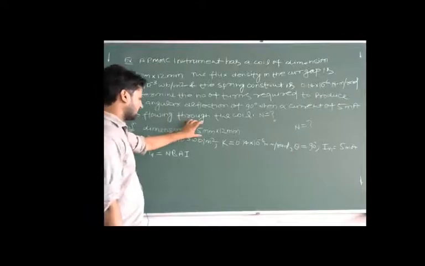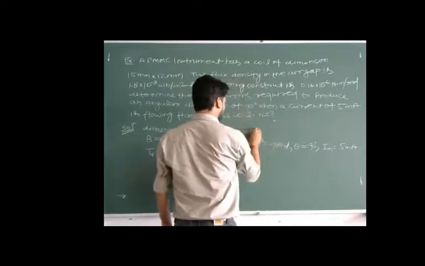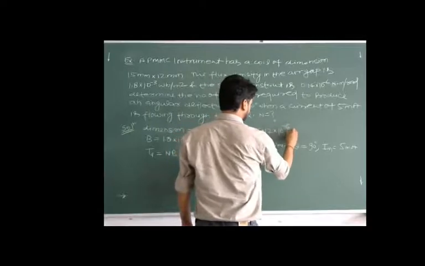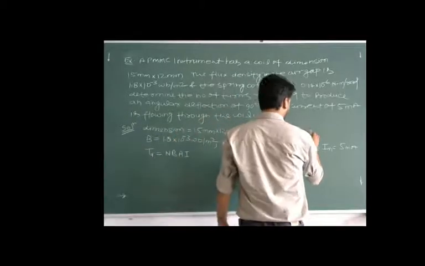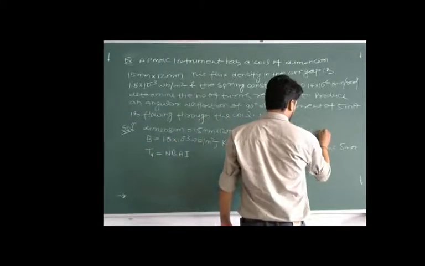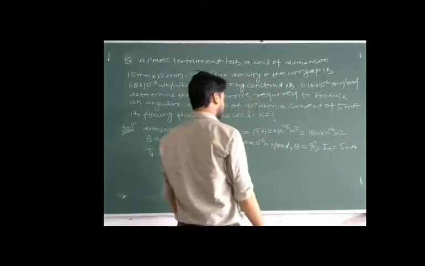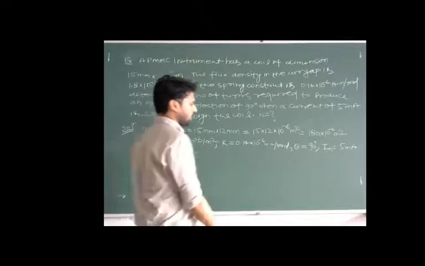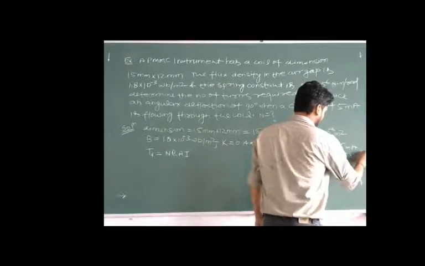Area of the coil we can calculate from the given data. Area of the coil will be 15 into 12 into 10 power minus 6 meter square, which will be equal to 180 into 10 power minus 6 meter square. Flux density is given, area is given, current is given as 5 milliampere, which can be written as 5 into 10 power minus 3 ampere.